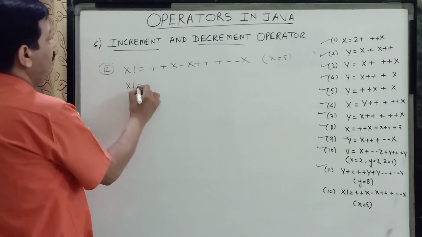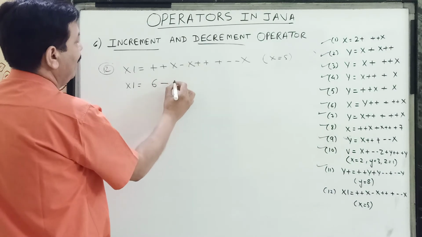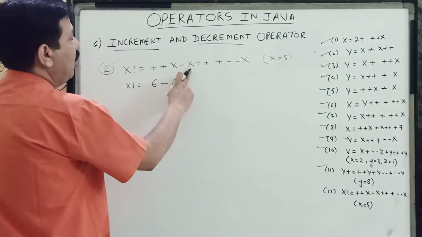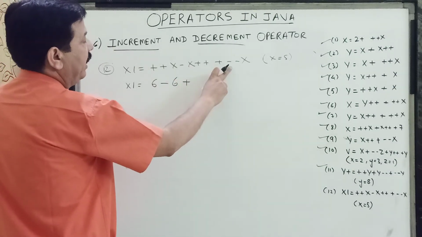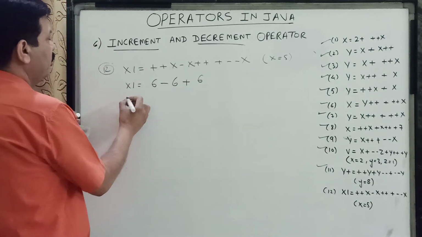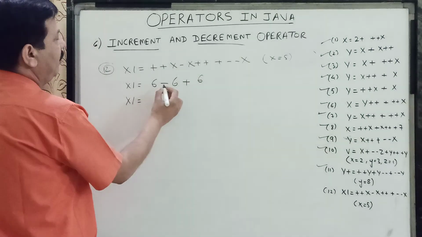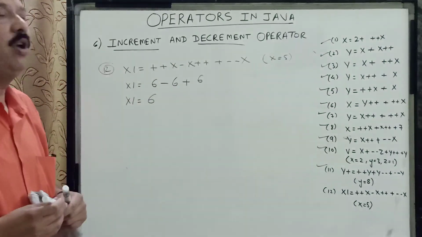So x1 will be equal to plus x, that means 6, minus, again 6, and now the value of x becomes 7, and plus, but it is pre-decrement, so again it becomes 6. So children, x1 will become 6 plus minus will become 0 and plus 6. This is the answer.